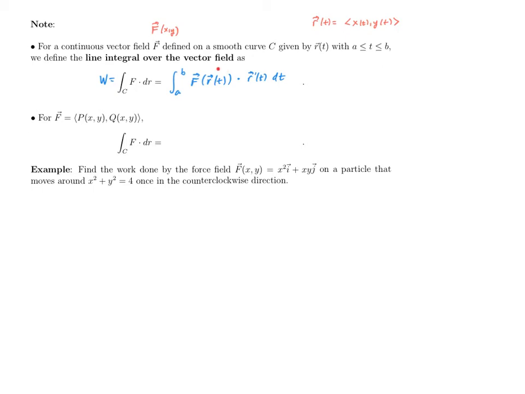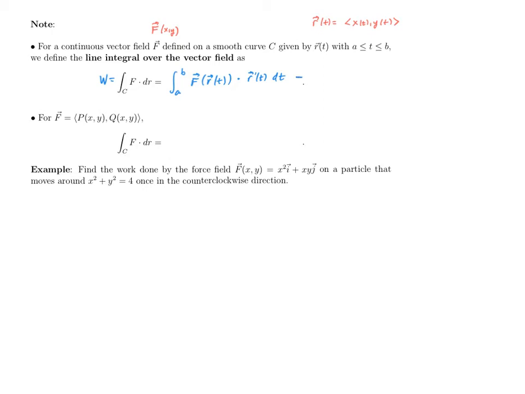Now note there's some abusive notation going on here as well. When we have f of r of t, we're suggesting that we want to substitute our parametric description into the vector field. So each x becomes an x of t, each y becomes a y of t.